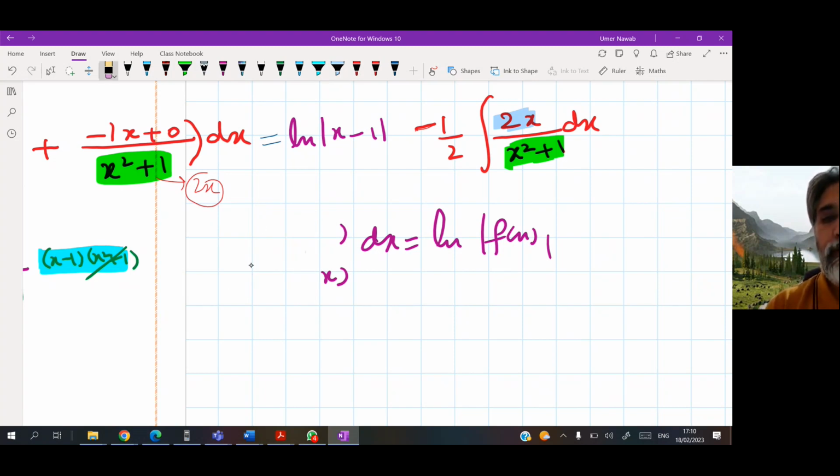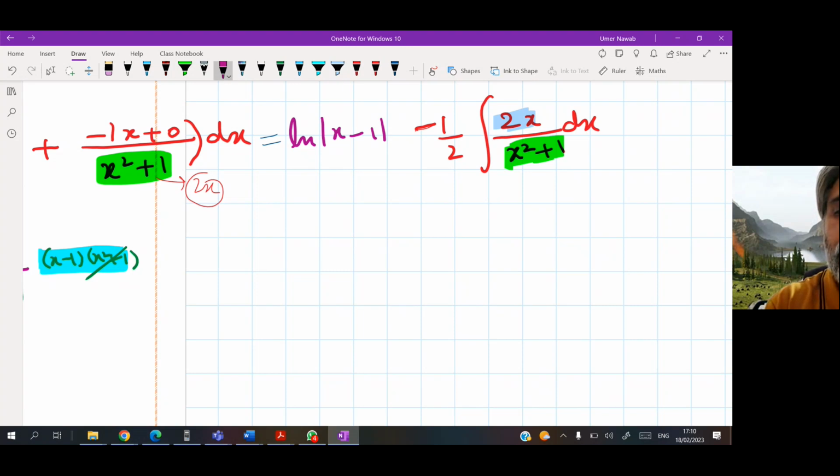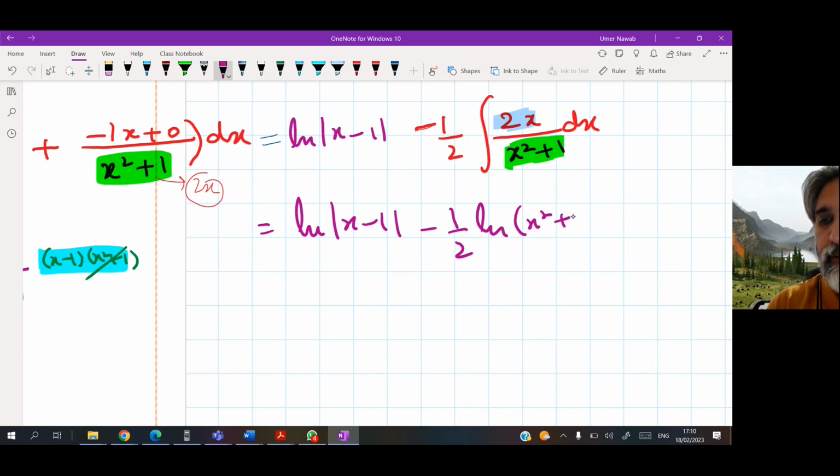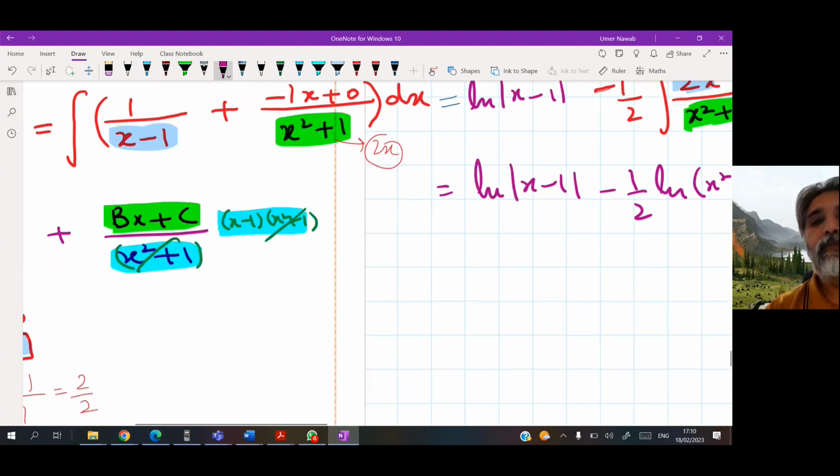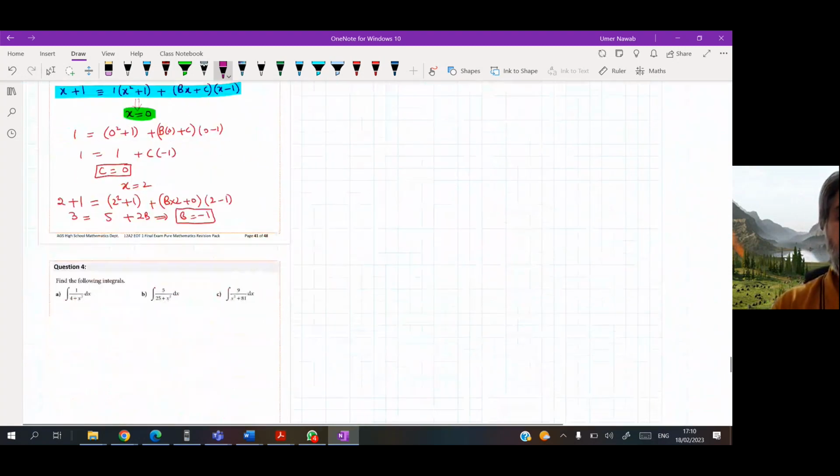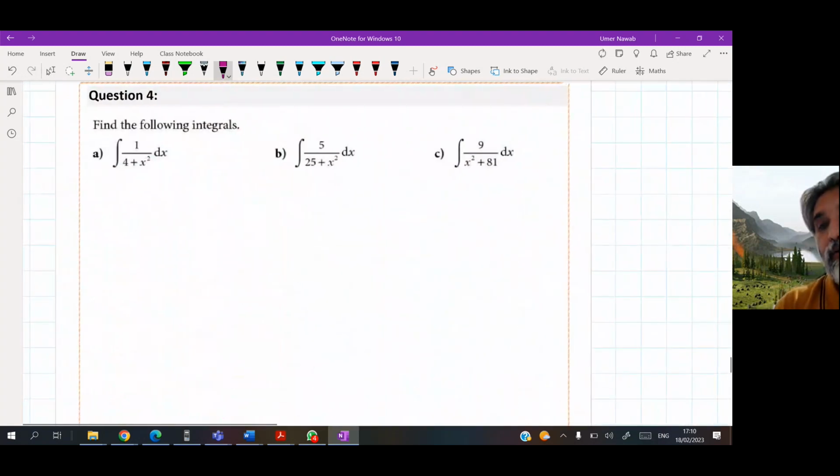Now I'm ready to do the integration of this function as well, which is ln of x squared plus 1 plus. Guys, you need to be very good in the integration rules.